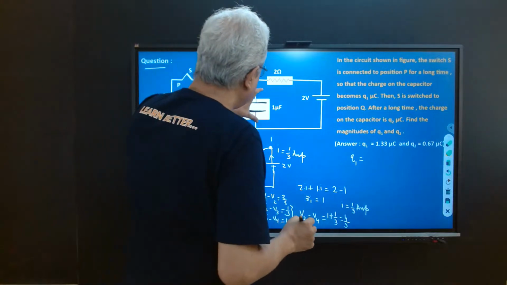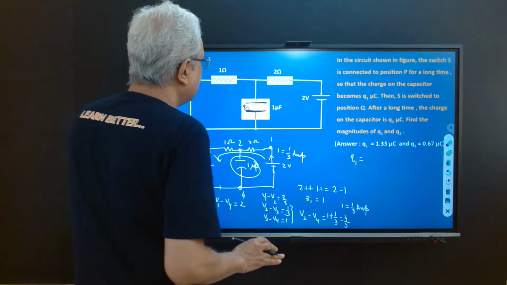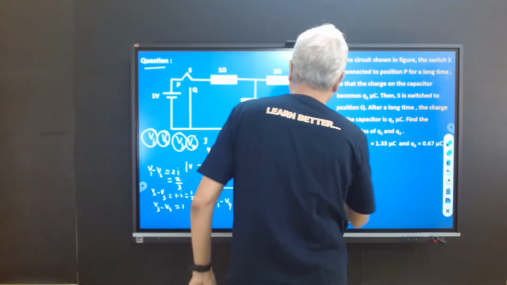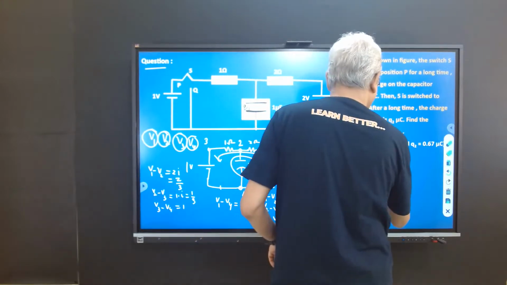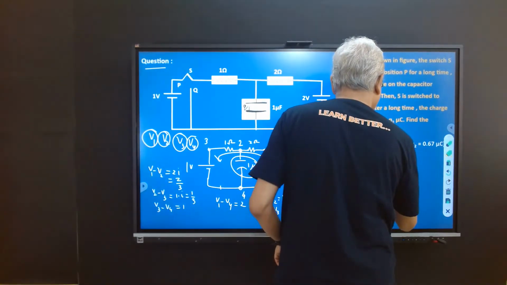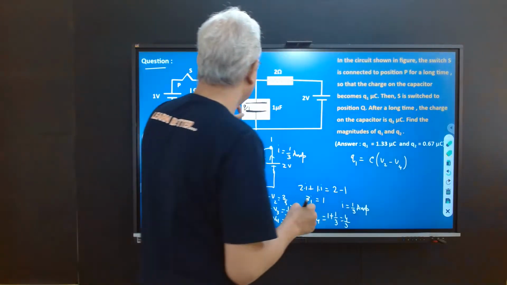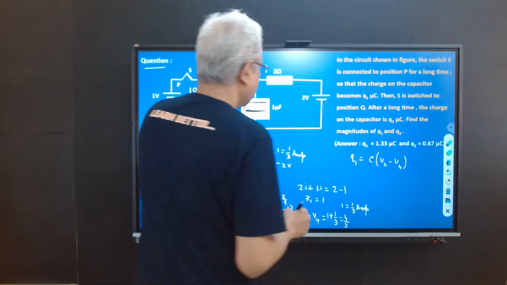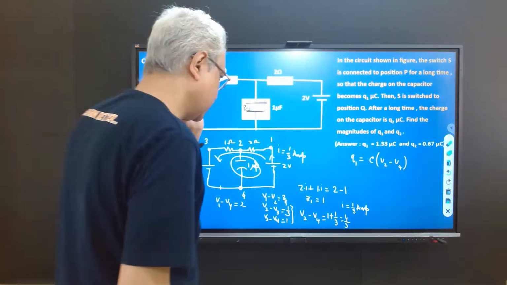In the steady state, when there is no transient, the capacitor's voltage will be V2 minus V4, multiplied by C. So Q1 is C into V2 minus V4.